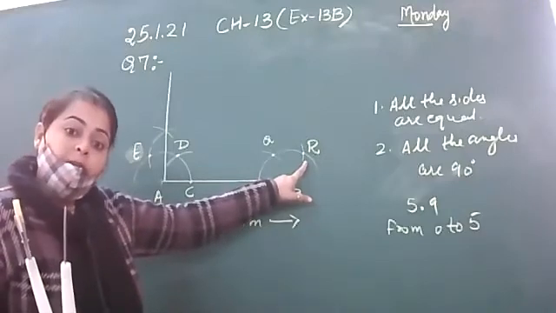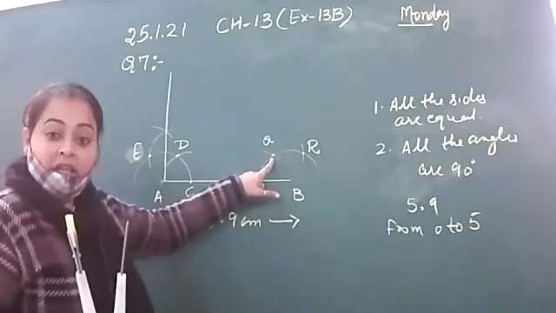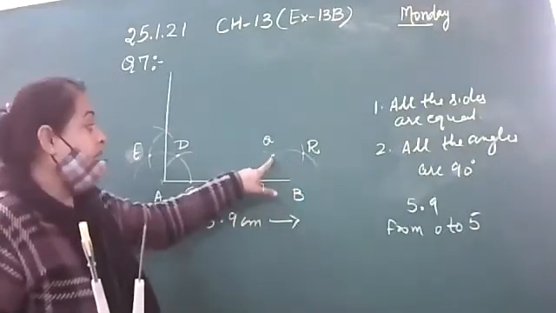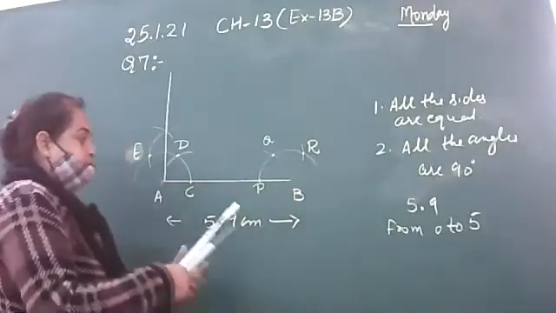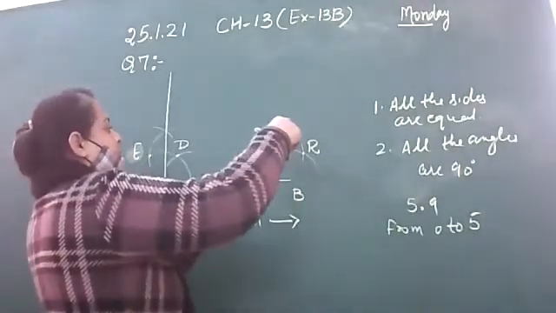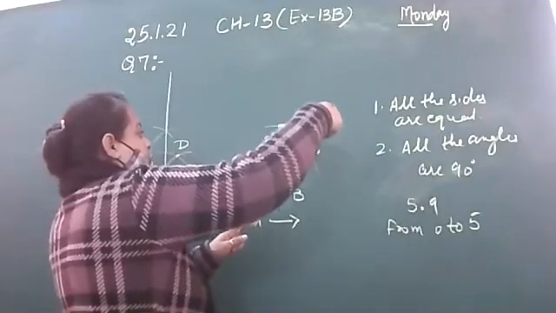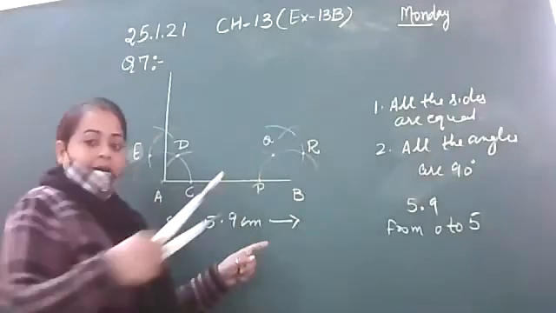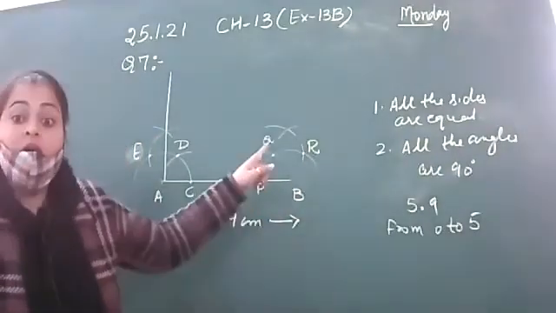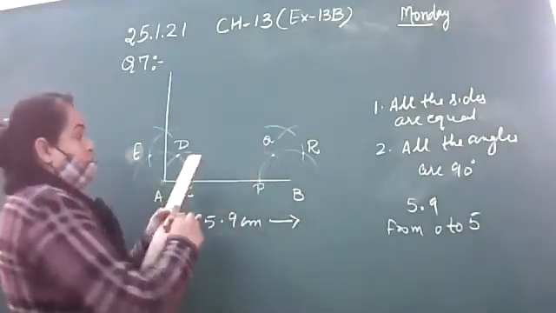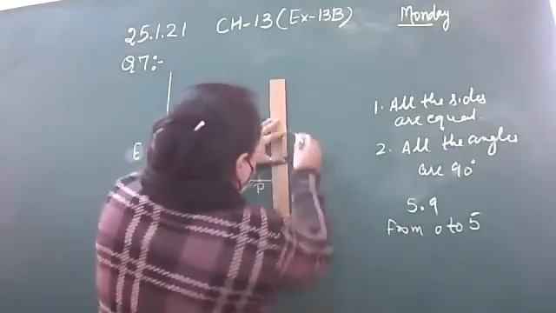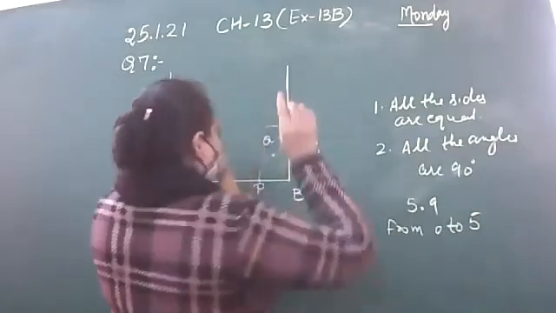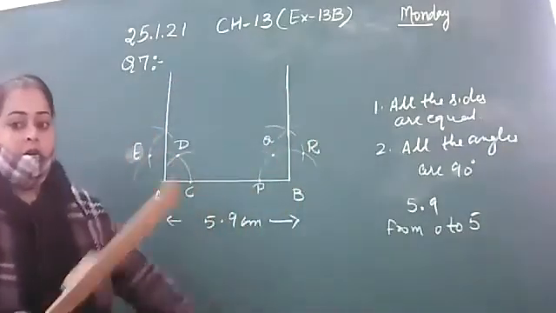Now again we put our compass first at A, then at Q, and then at R. This is Q, then R, and you will get X. Draw a ray through this and you will get an angle of 90 degree.